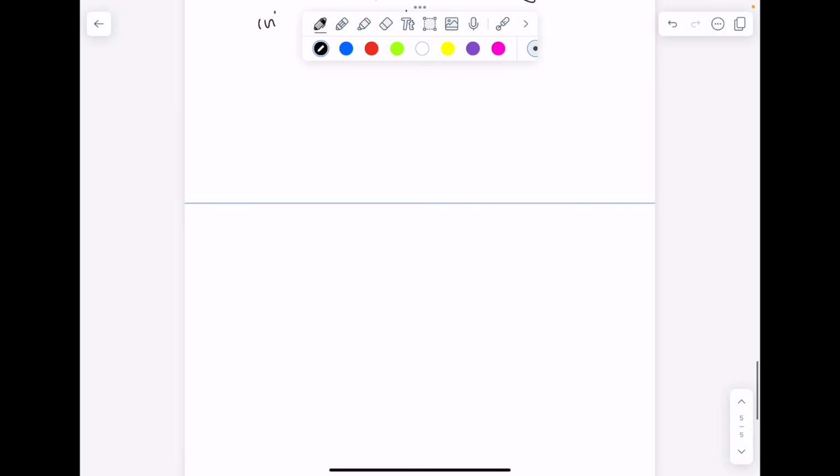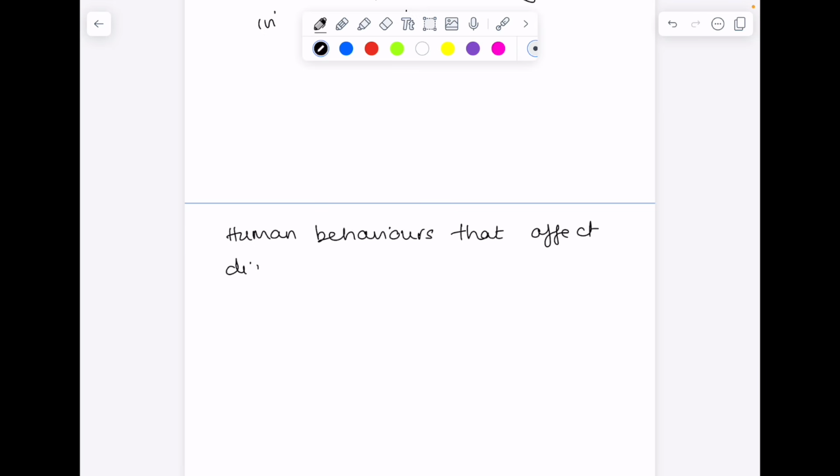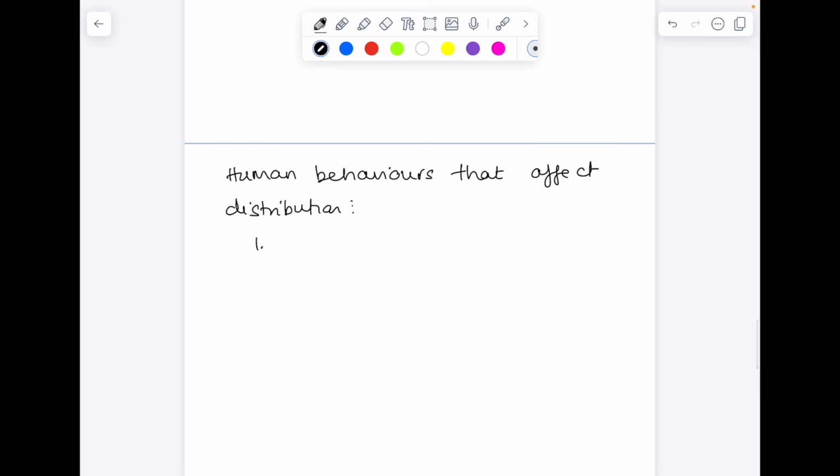As with coral reef ecosystems, human behaviour can affect the distribution of mangroves. That includes deforestation, so cutting down of those mangrove trees, and humans use that for timber and building material.